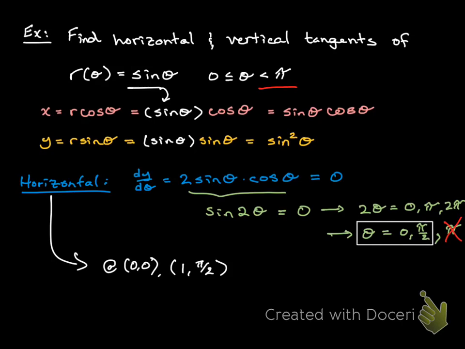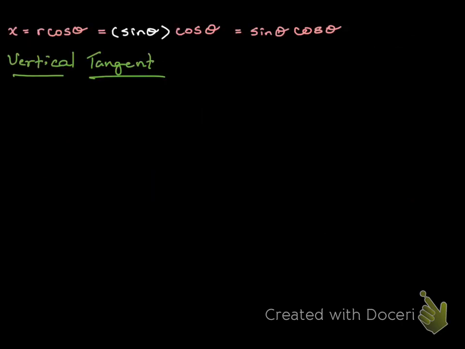I want to do the same thing here, but now I'll try to find vertical tangents. For that, we need x equals r cosine theta, which we said was sine theta cosine theta. Vertical tangents are when I take a derivative of x here with respect to theta. And I have product rule, right? I have sine times cosine.